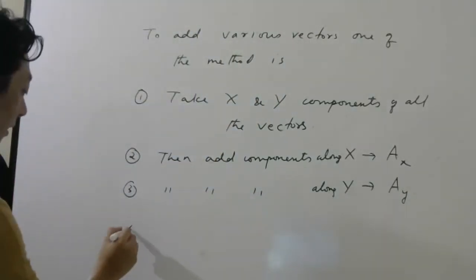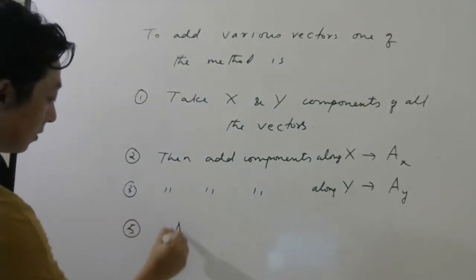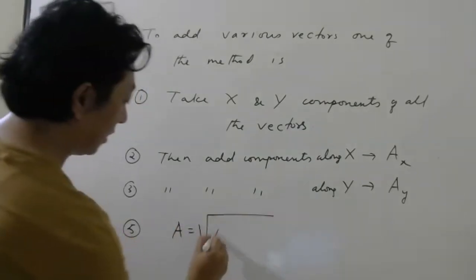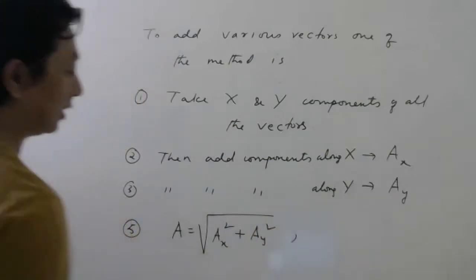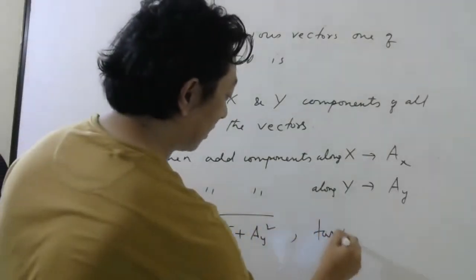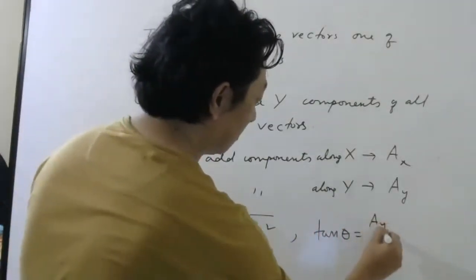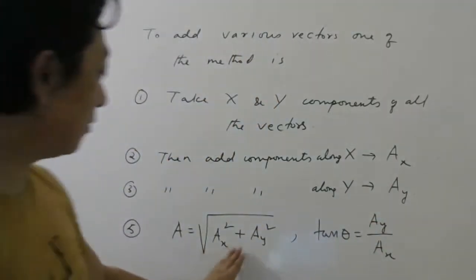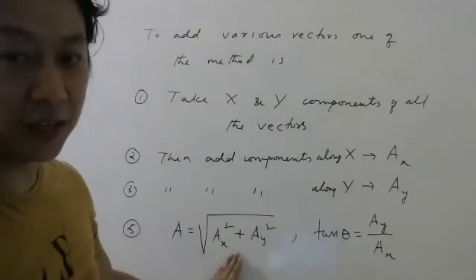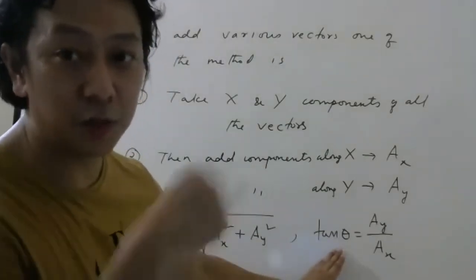Then the final magnitude will be what? Root over ax square plus ay square. And if they want the angle, tan theta. I hope everybody remembers, ay by ax. So this will give you the magnitude of the total vector. This will give you the direction of the total vector.